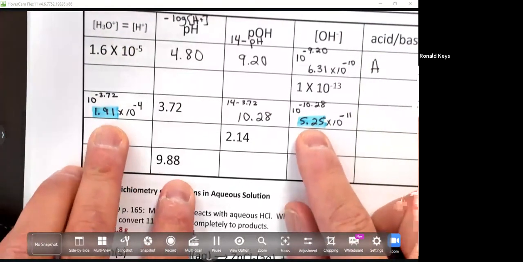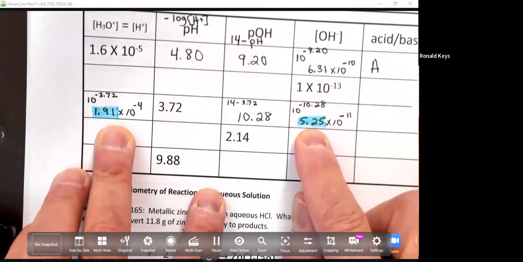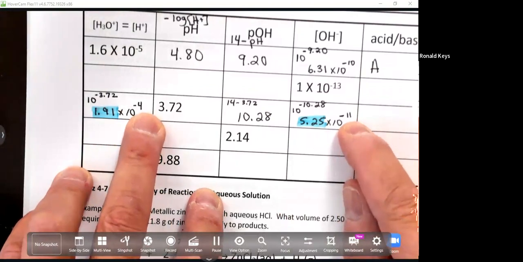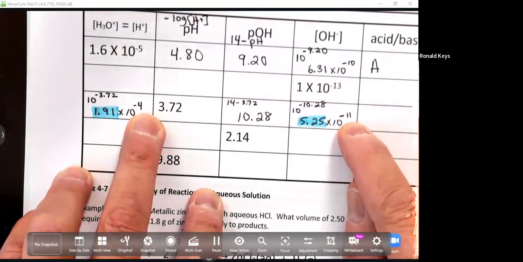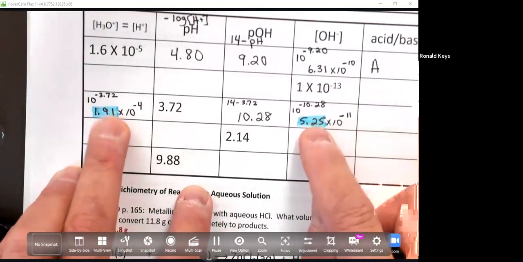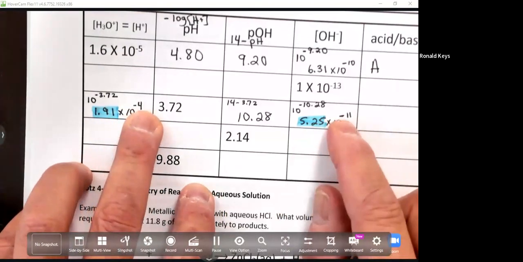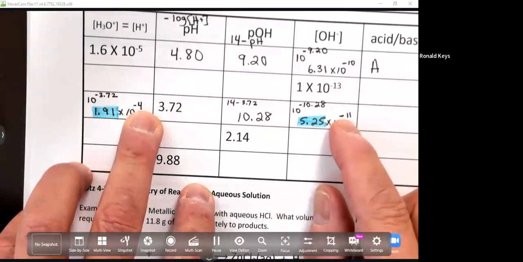If I multiply my two blue numbers together here, it's going to be close to 10. And if I add my exponents, negative 15, right? But 10 to the negative 15 is 1 times 10 to the negative 14, right? So when you multiply these two numbers, you should get 10. When you look at the exponents, you should get a total of negative 15. And you know you've got it right.